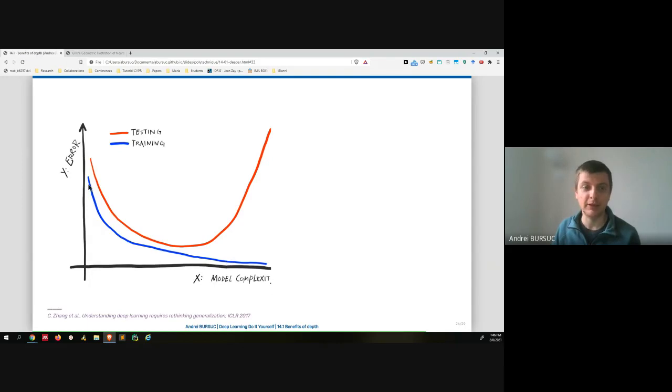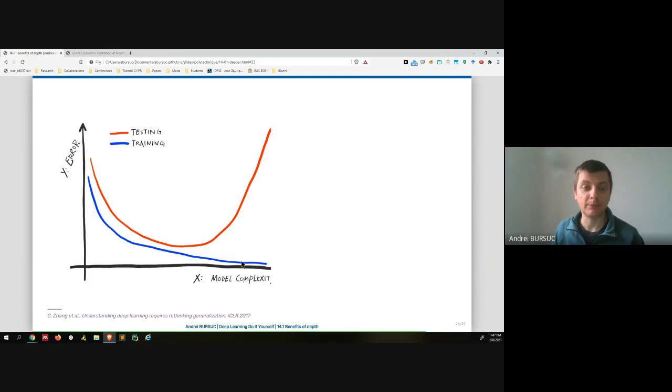We know that in general, the bigger the capacity, the lower the training loss, but the higher the testing error. This shows that we are overfitting. And this is something which has been quite well known in machine learning for decades: that we have to get this trade-off between underfitting and overfitting, and also between bias and variance.